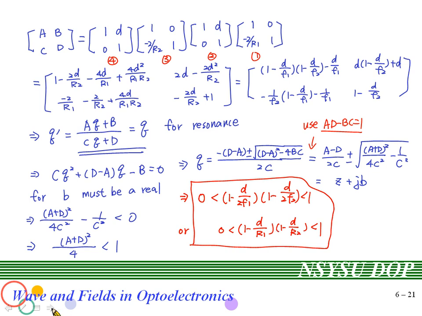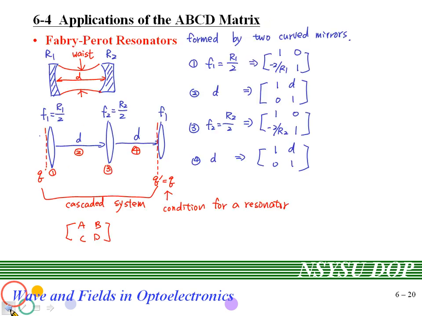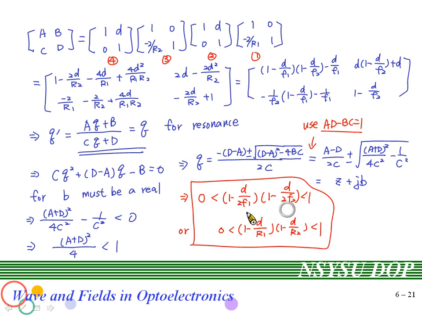If you want to form a Fabry-Perot resonator using two curved mirrors, you will have mirror 1 with R1, mirror 2 with R2, and the distance between these two mirrors is d. These values have conditions which should be satisfied. If these three values satisfy this condition, then you can successfully form a Fabry-Perot resonator.